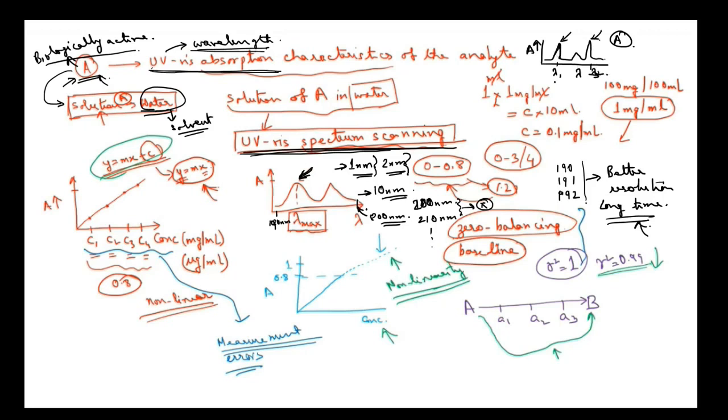So in general, we call it the peak where we want to do the analysis. We take the highest peak, and that highest peak is called lambda max. However, in this case, we have got two sharp peaks. Maybe lambda 1 is the lambda max and lambda 2 is slightly lower than lambda 1. However, you can also use that for the analysis purpose.